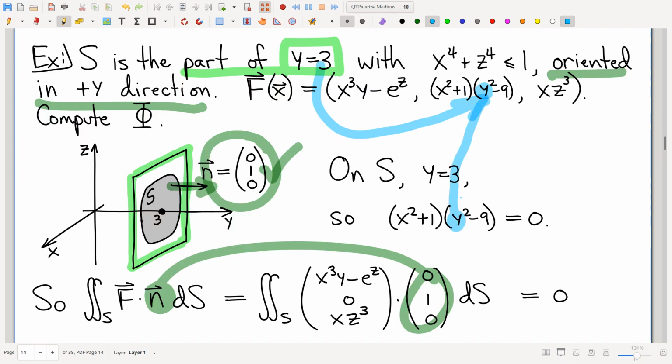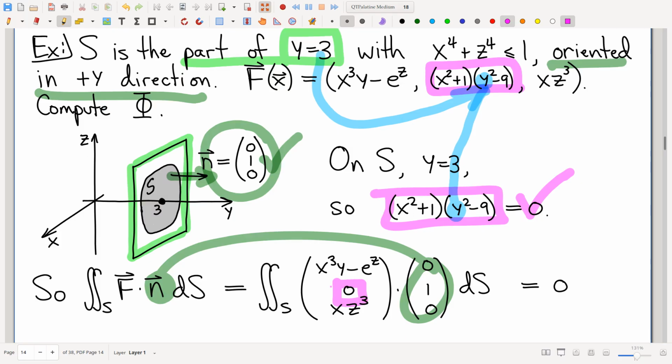That makes this term 0, which goes there. And that makes things easier yet again. Two observations out of the same little convenience, right? The fact that we're on this plane helps us out twice, two different ways.